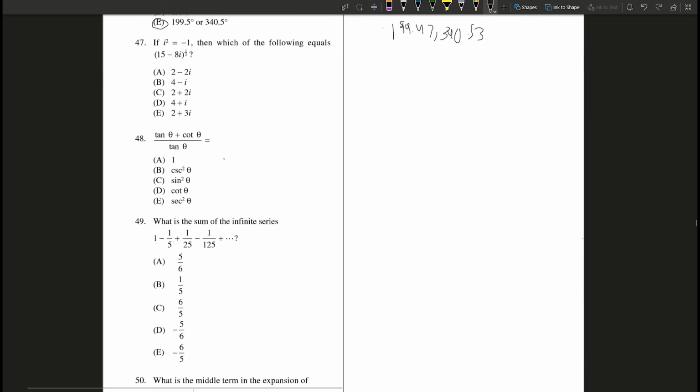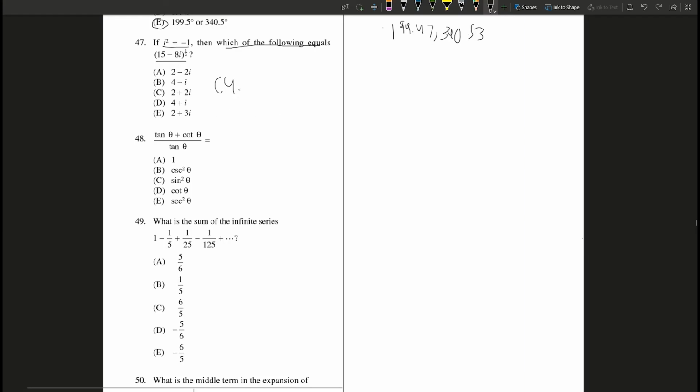So 47 asks, if i squared is negative 1, then which of the following equals 15 minus 8i to the half power? So this is asking for the square root. What we're going to do is square each answer to find if it is 15 minus 8i. The answer is letter B, just to avoid squaring all of these, and that takes quite a bit of time.